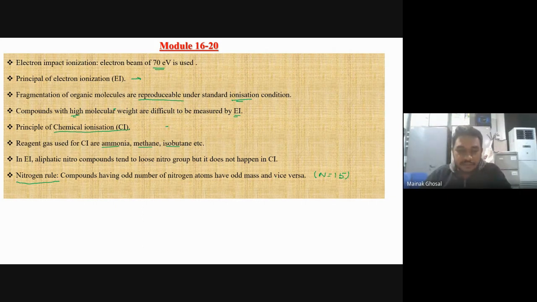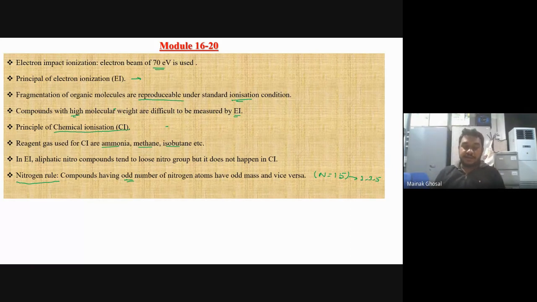So if you have an odd number of nitrogen atoms, say 1, 3, 5, whichever odd number of nitrogen is present, you will see an odd mass.